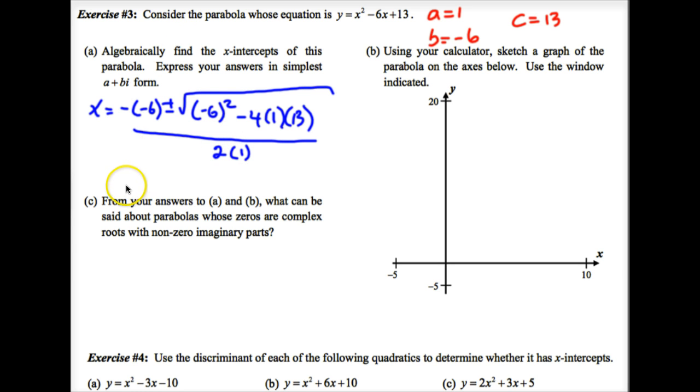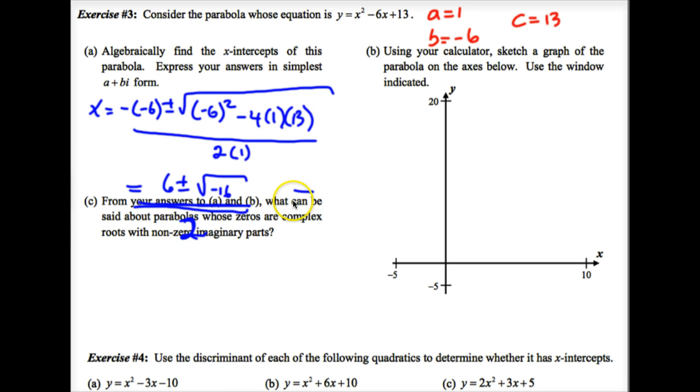Now if we were going to simplify this, I will get 6 plus or minus the square root of negative 16 over 2. Now, I'm going to write here and then take this off, so make sure you get this copied down.